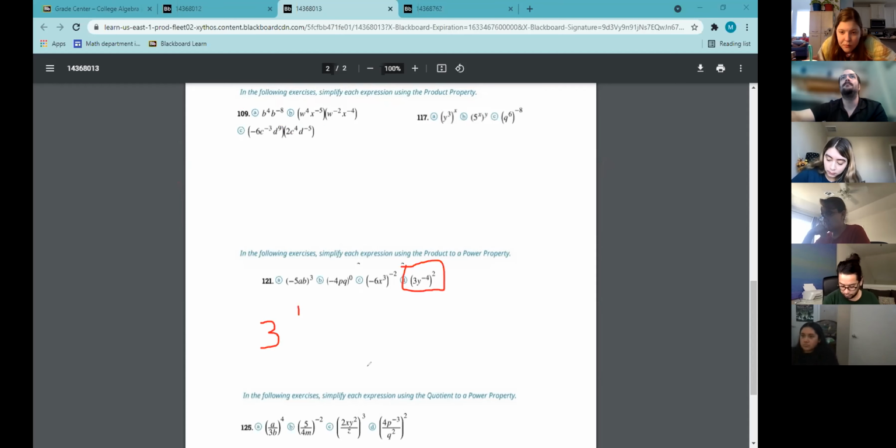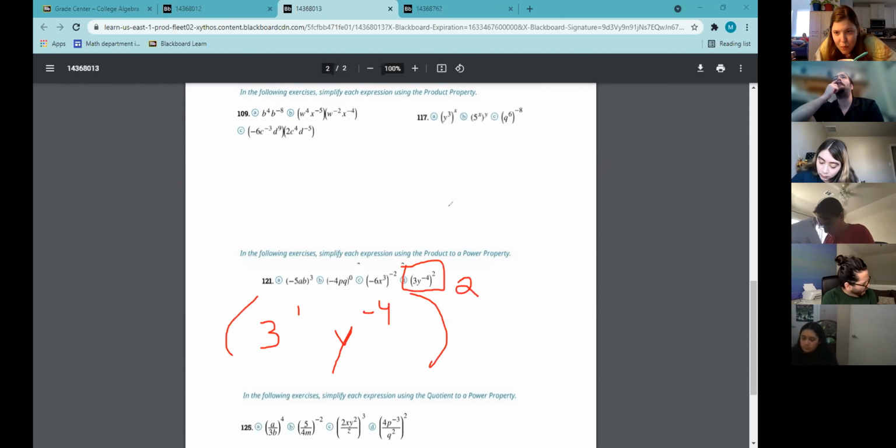I know you already said it, but why didn't we add them? Why didn't we add the 1 plus 2? Because I was like 3y to the -4, but you know how it's always 1 right there.